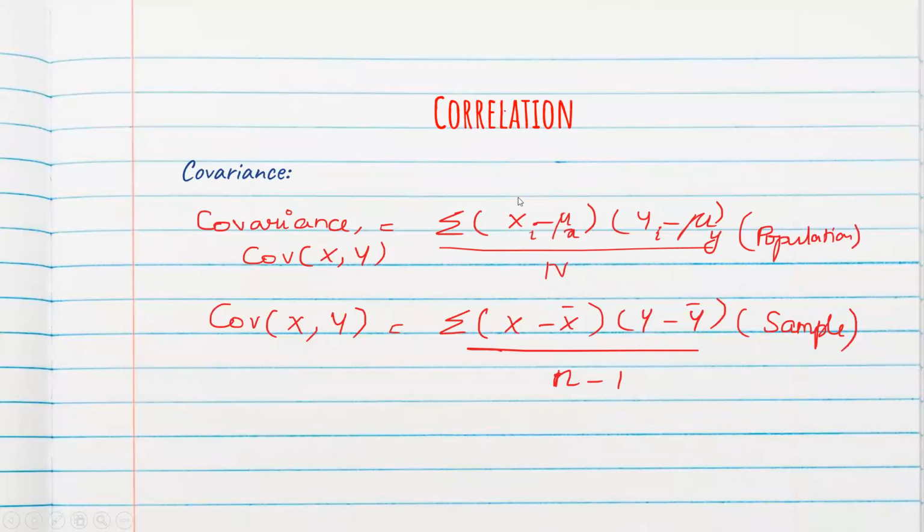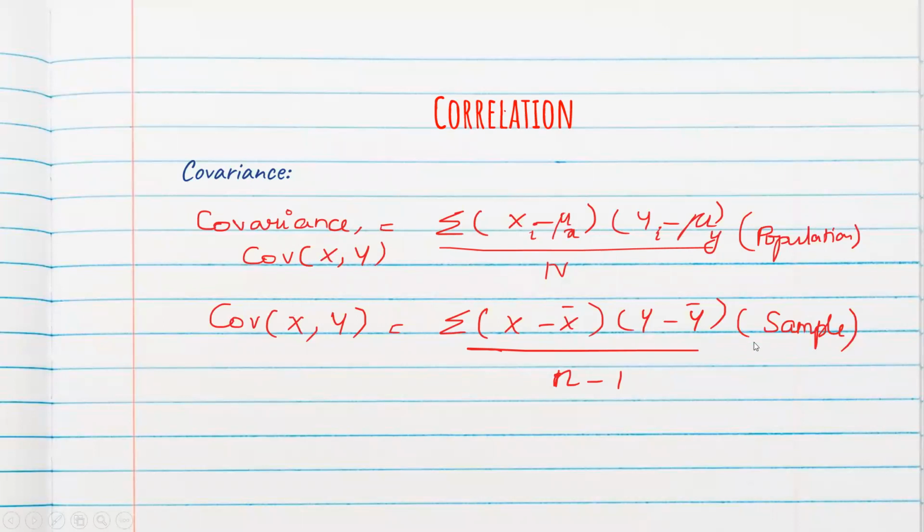Let me tell you what this is. xi is the individual value of x. Mu x is the population mean of x. And yi is the individual value of y, and mu y is the population mean of y, divided by the number of observations in the population.